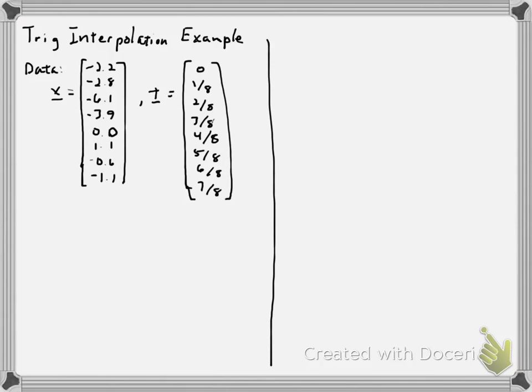Okay, so for an example of this trigonometric interpolation using the discrete Fourier transform, consider the following data. If we consider the vector x and try to interpolate over the interval from 0 to 1 with equally spaced nodes, t, time, gets discretized accordingly into 8 equally spaced nodes between 0 and 1.